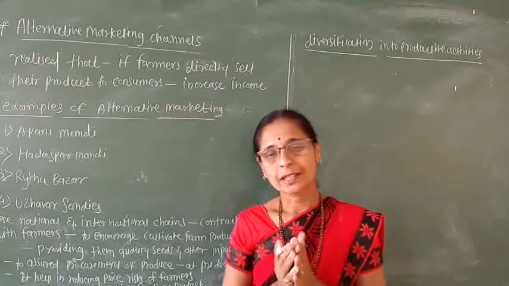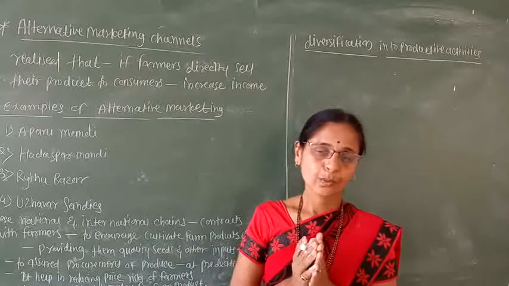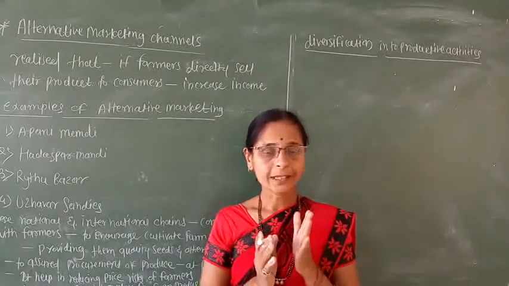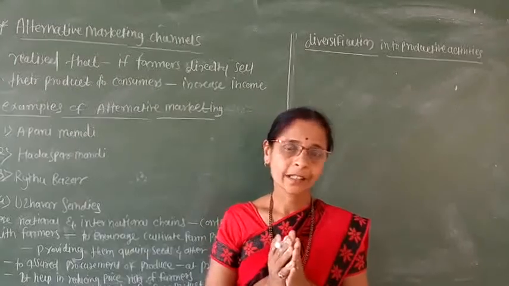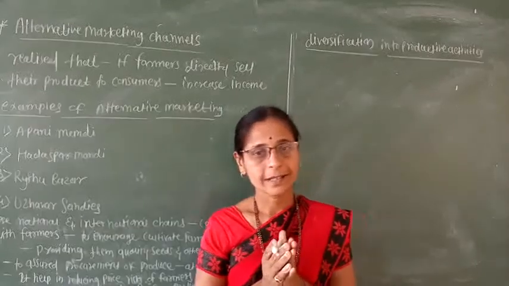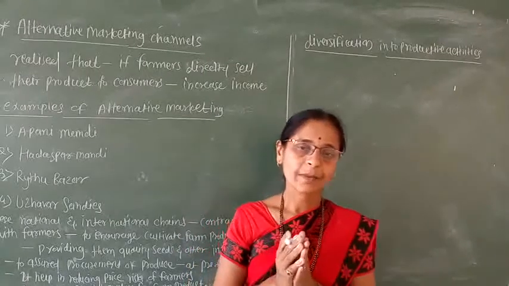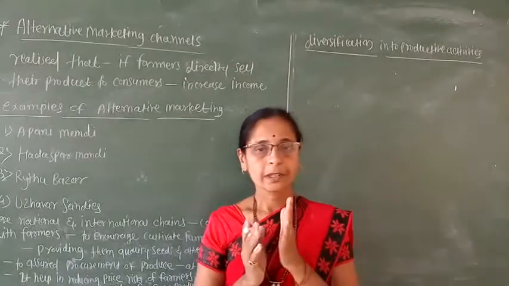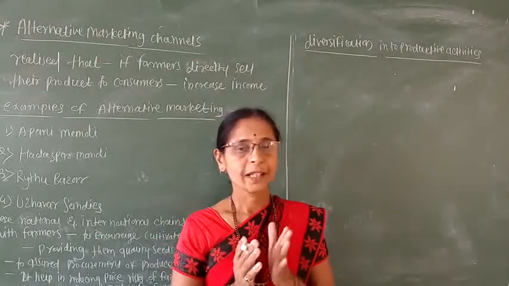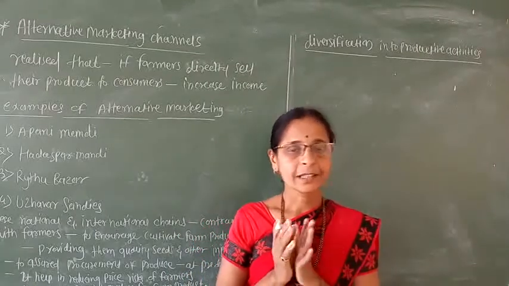Likewise, we also discussed the measures taken by the government, means why there is a need for government intervention in the market system to improve the market system as well as to improve the condition of the farmers, with the help of some measures. We have already discussed all these things.